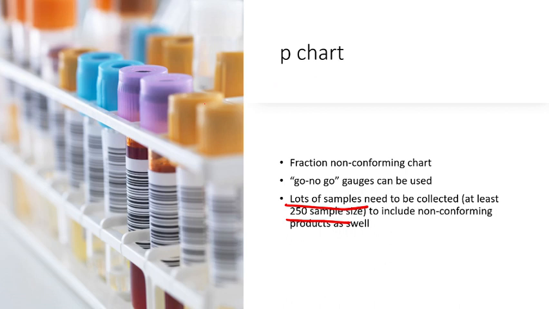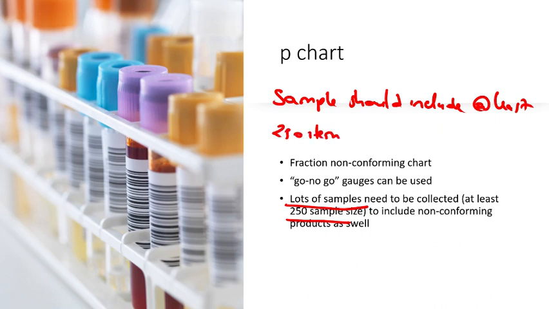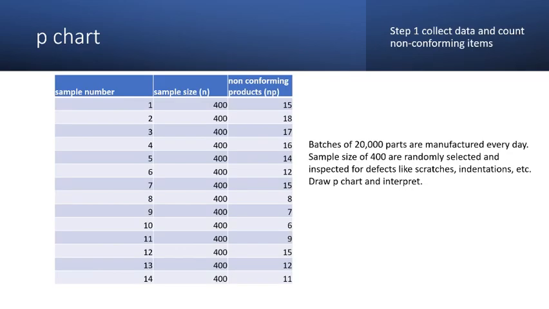So the sample should include at least 250 items. Why is that? Because we want to include the non-conforming products as well. So you increase the number of items or products to check so that you can include the non-conforming products as well.